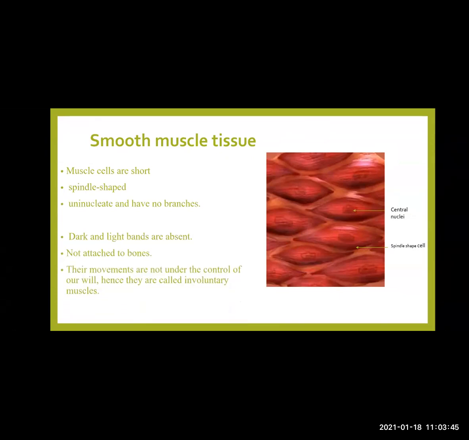Movement of smooth muscle is not under the control of our will. Hence, it is involuntary in nature. Smooth muscles are involuntary in nature, which means the movement is not under the control of our will. Now, location of the smooth muscle fiber.